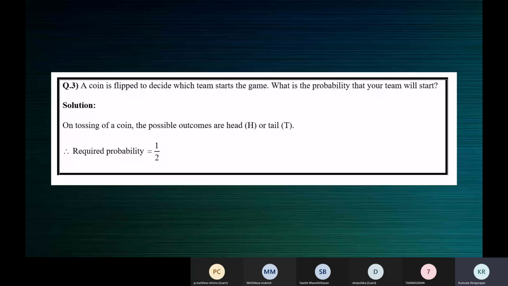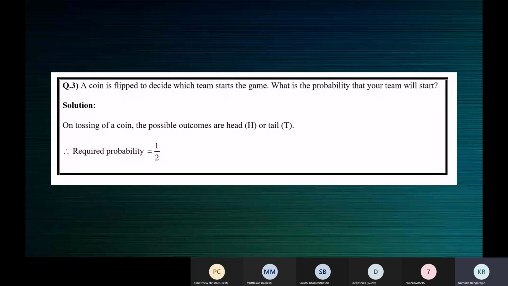If you get head, it is 1 out of 2 outcomes, head and tail. You have 2 outcomes, but you will get only one of them. Either the coin will show H or it will show T. So 1 by 2. For H also it is 1 by 2.